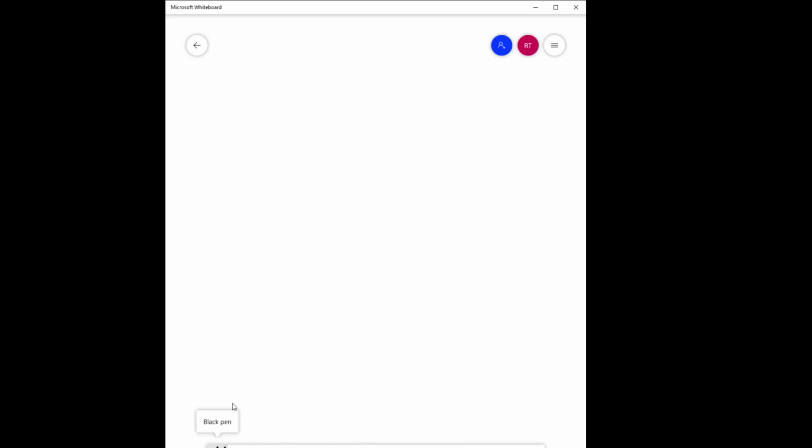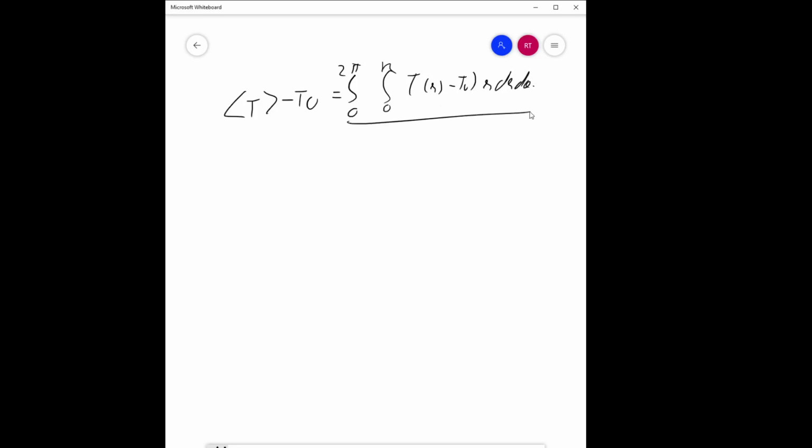Now to find the average temperature, T minus T0, you can just integrate this from 0 to 2 pi and 0 to R. Here it will be (T r minus T0) into r into dr into d theta, with limits 0 to 2 pi and 0 to R. There's no T term, just r dr d theta, and when you do this you get S C R square by 8K.